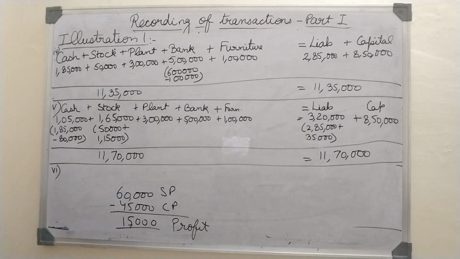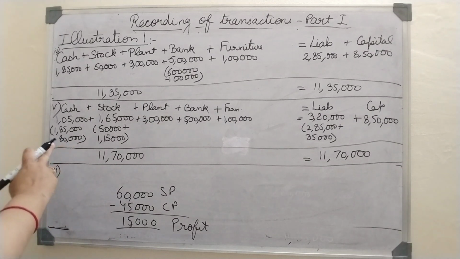Okay. Now next thing, goods amounting to 45,000 were sold for 60,000. So 45,000 of goods are sold, so we have to deduct them from this amount, right? Because goods have gone. And when you sell something you get cash, right?